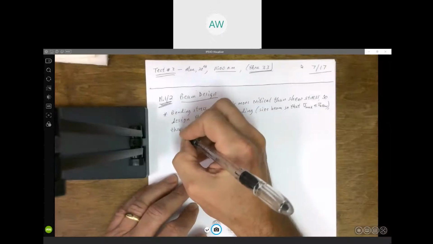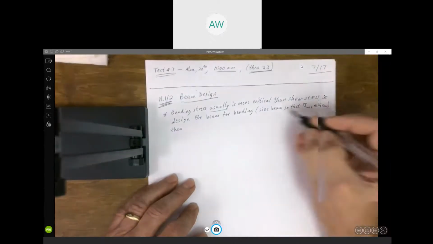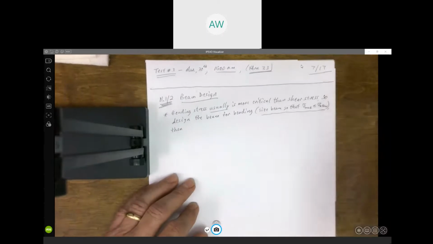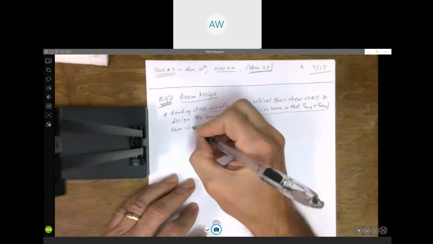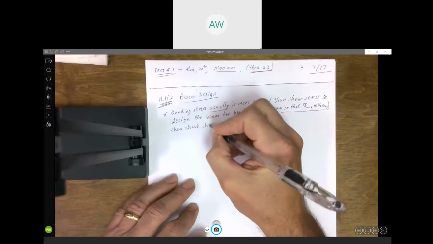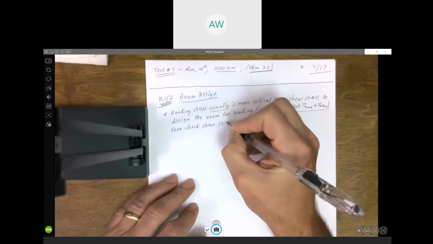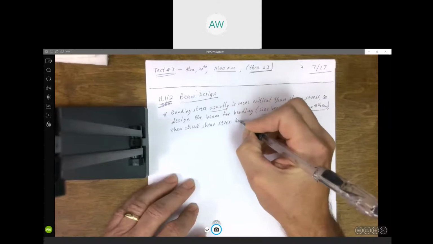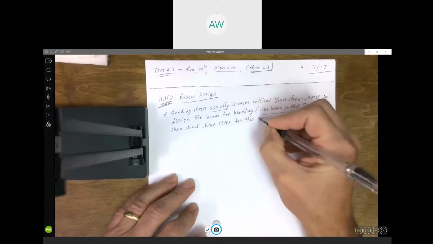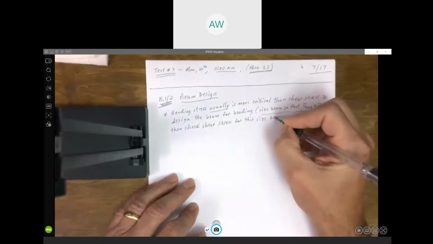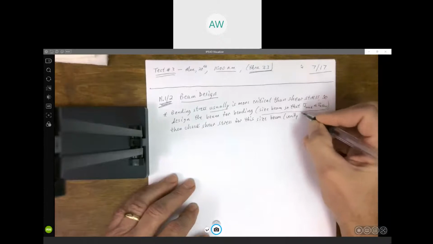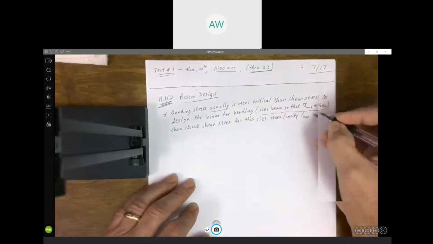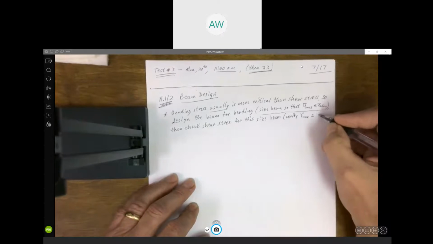That's what we use to determine the size of the beam. Then, for the beam size that satisfies this, we check and make sure the allowable shear stress is not exceeded. By that I mean we verify that the maximum shear stress is less than or equal to the allowable.